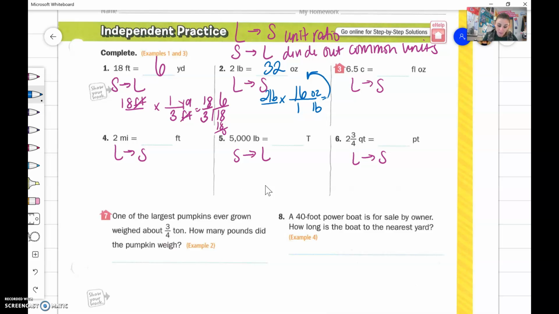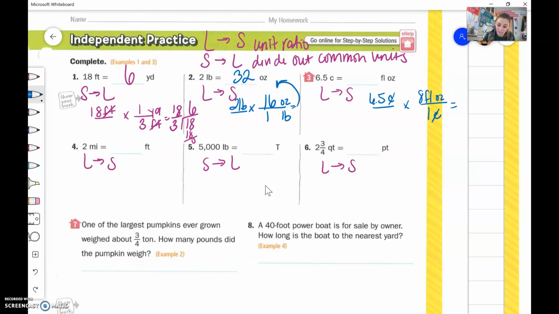All right, large to small. So we're going to find a unit ratio, and we're doing cups to fluid ounces, and there are 8 fluid ounces in 1 cup. So 6.5 cups times 8 fluid ounces in 1 cup. My cups are done, and now I'm taking 6.5 times 8.